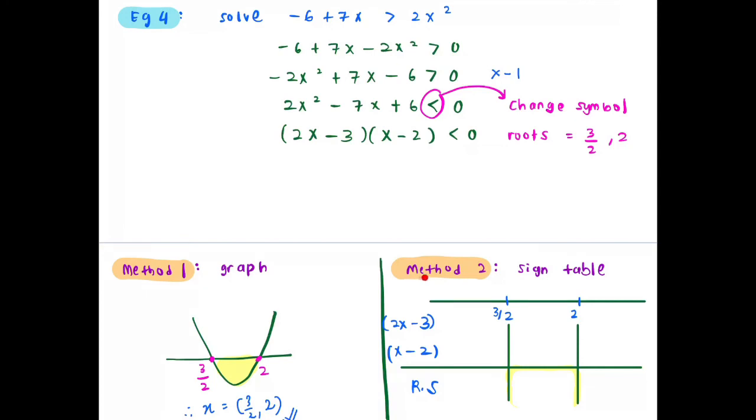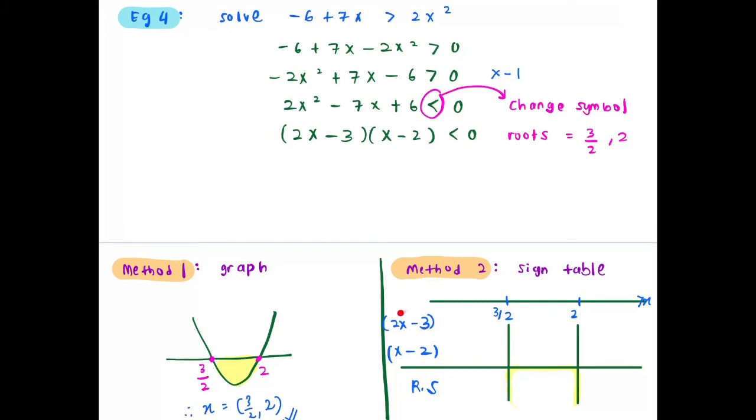Let's look at method 2, which is using the sign table. First of all, just draw an x number line and then put in 3 over 2 on your left hand side, put 2 on your right hand side. And then now fill in the factor, 2x minus 3, another factor, x minus 2. Now let's do the shortcut way.